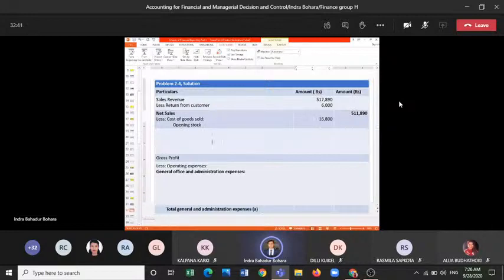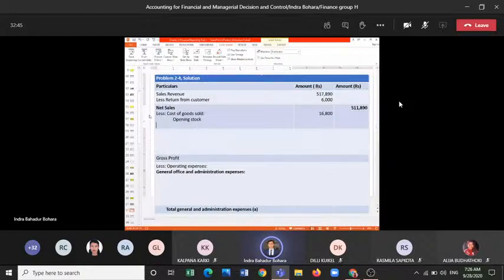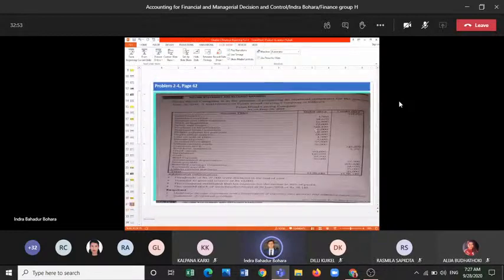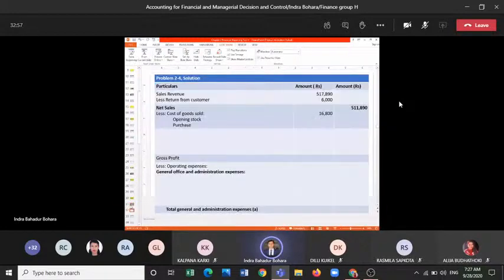Then add purchase. The amount of purchase of merchandise is 3,42,450. Similarly, we are given freight on purchase.